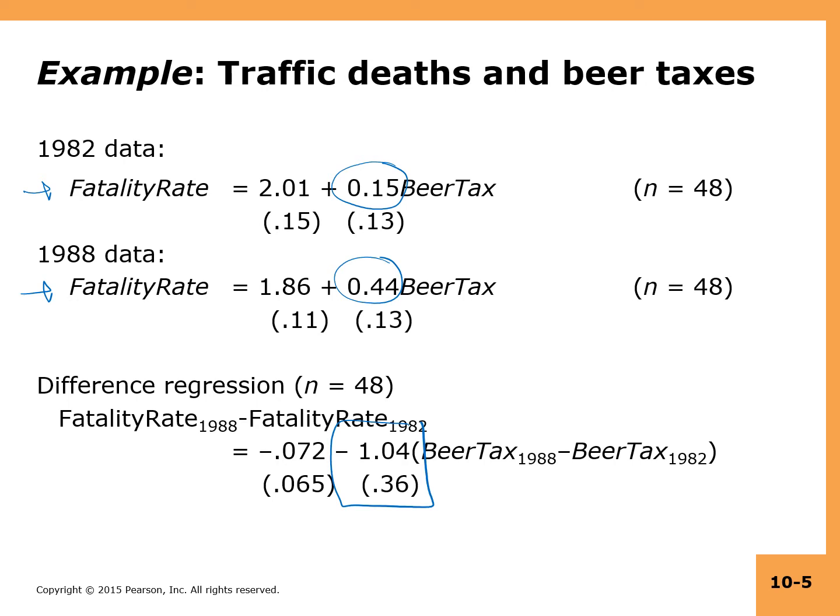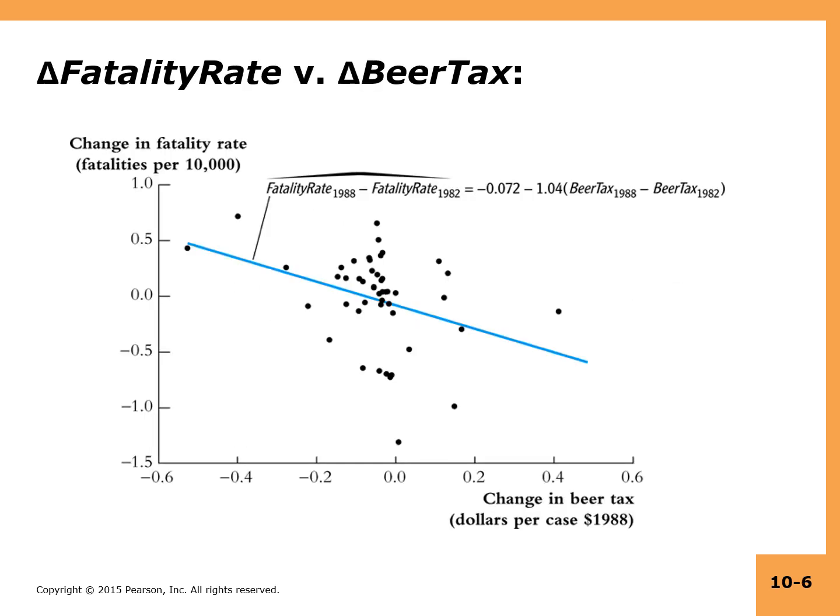So the fatality rate and the beer tax now have a negative relationship. When you plot the regression line of the differences, then you get a negative slope, or negative relationship, between fatality rate and beer taxes. So it shows that higher alcohol taxes lead to a lower fatality rate, which is consistent with economic theory.